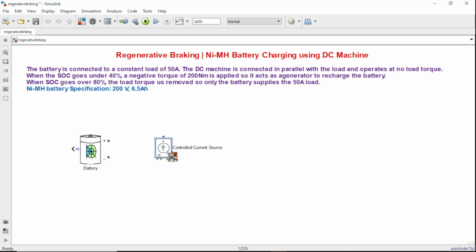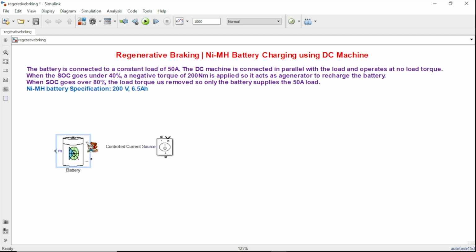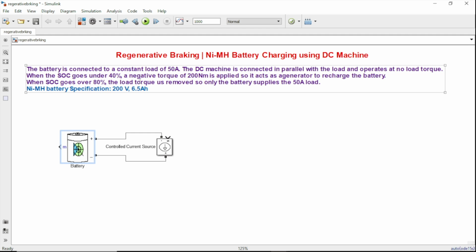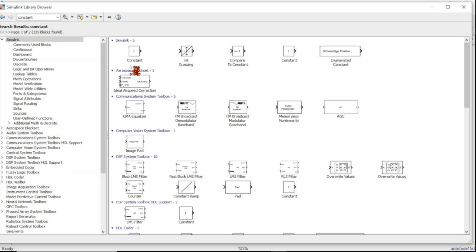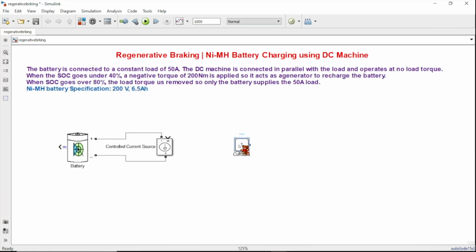I am rotating it and connecting it to the battery. The constant current source value is 50 ampere, so that's why I have to take the constant block. Just search constant, add it, and its value is 50.